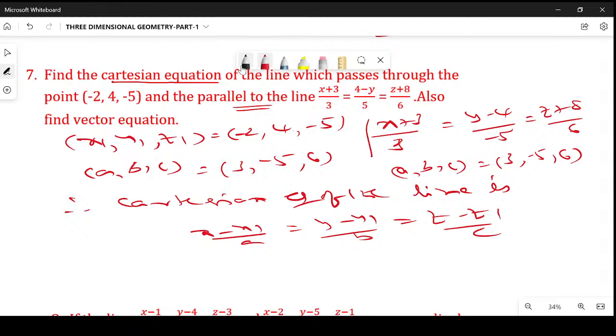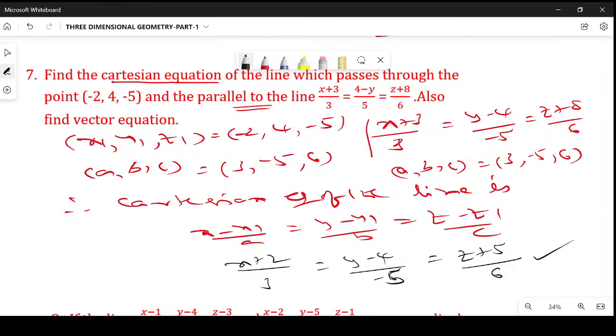Then I can write your answer now. This x1 is minus 2. So your answer x plus 2 by a means 3, y minus 4 by minus 5 equal to z minus z1, z plus 5 by c means 6. So like this is the required one. x plus 2 by 3 equal to y minus 4 by minus 5 equal to z plus 5 by 6.